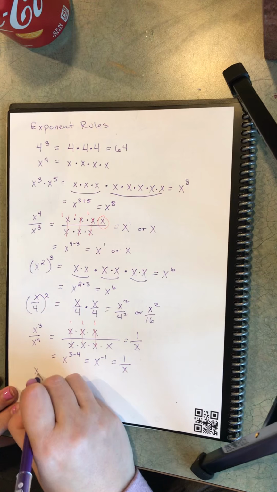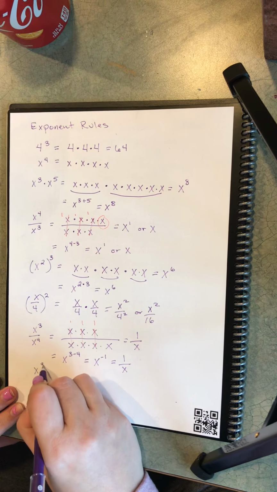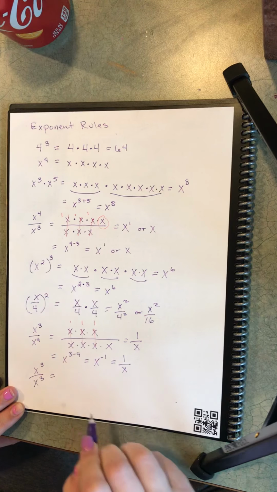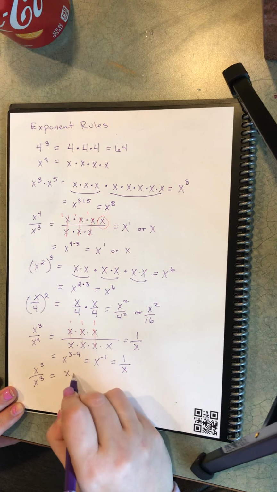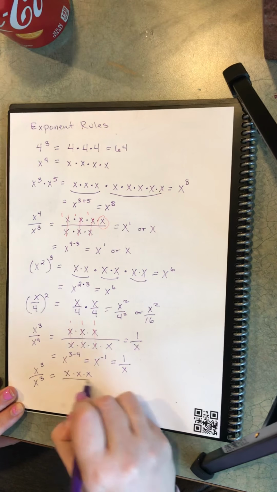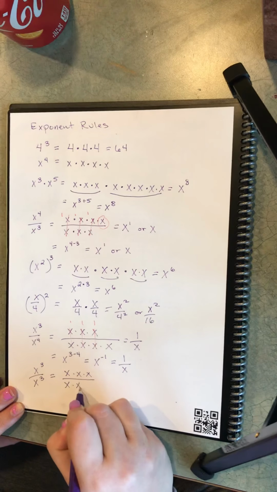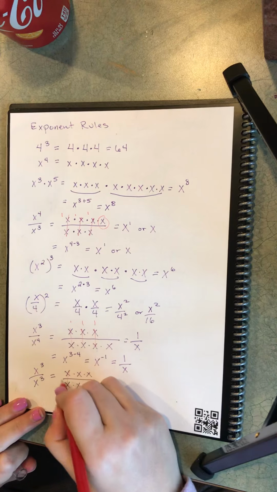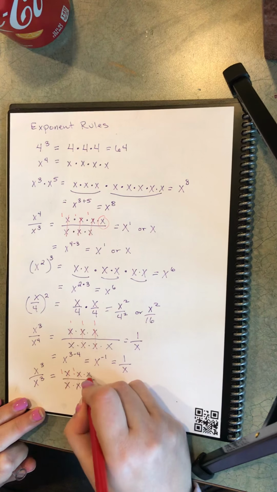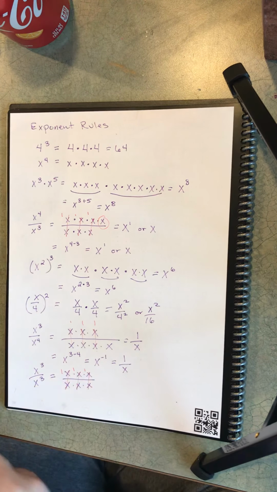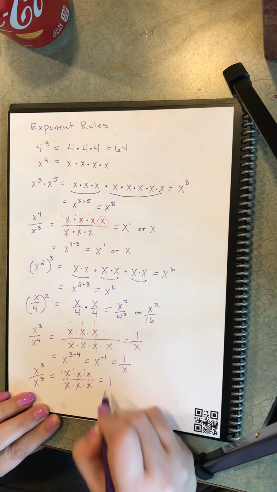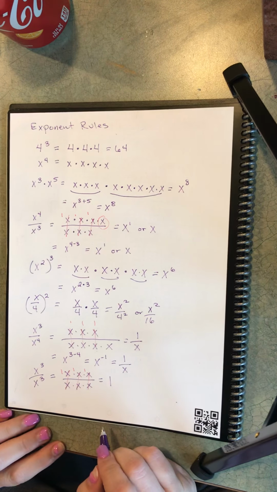Let's say I have x to the 3 over x to the 3. So here I have x, x, x over x, x, x. This is 1, this is 1, this is 1. So I end up with just 1.